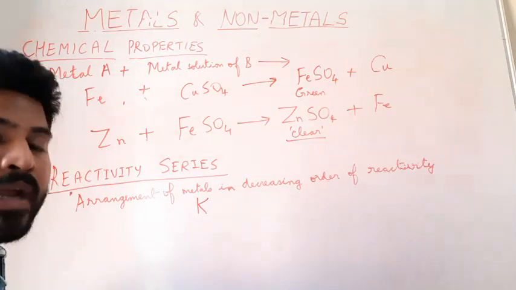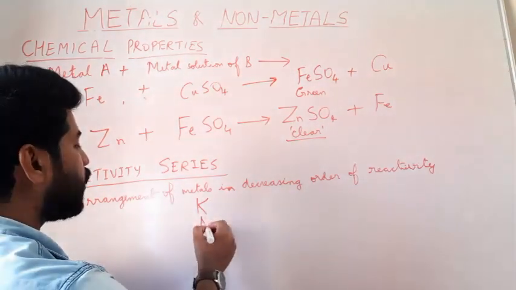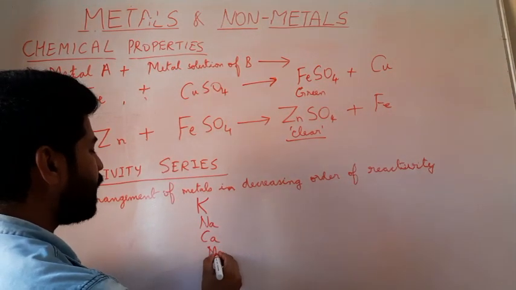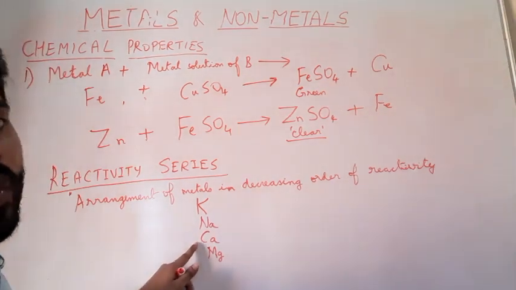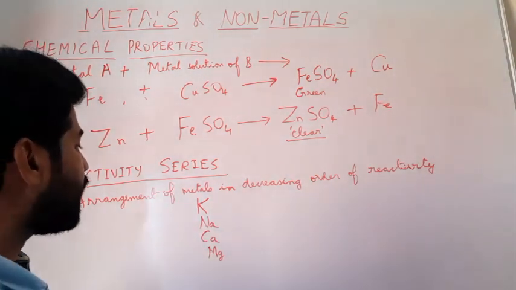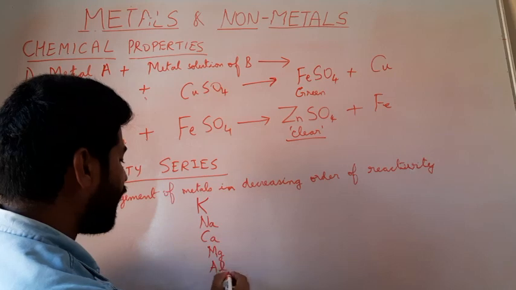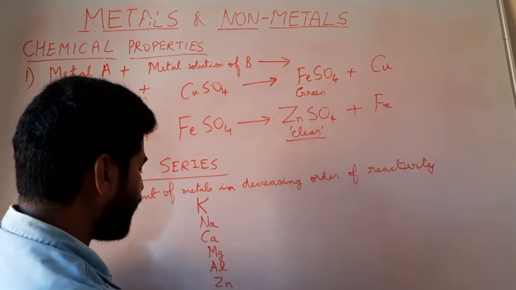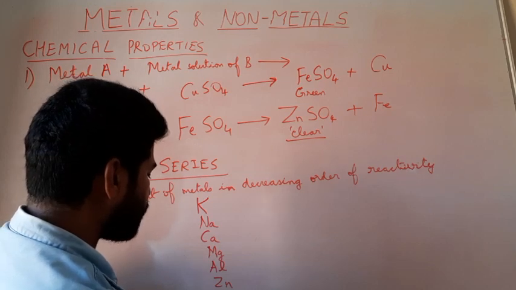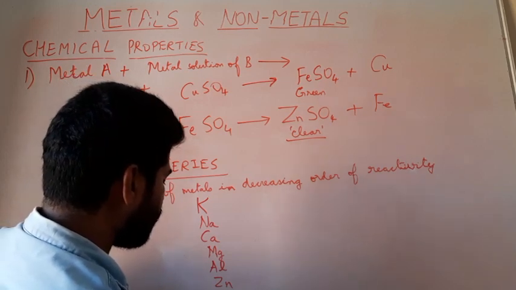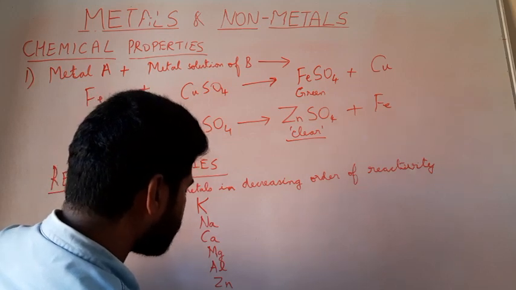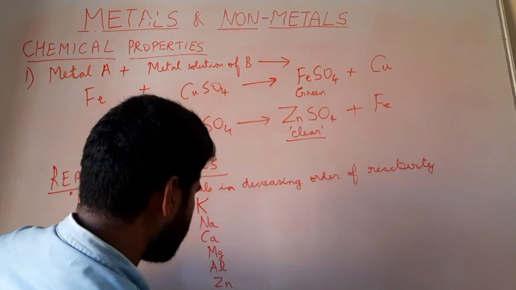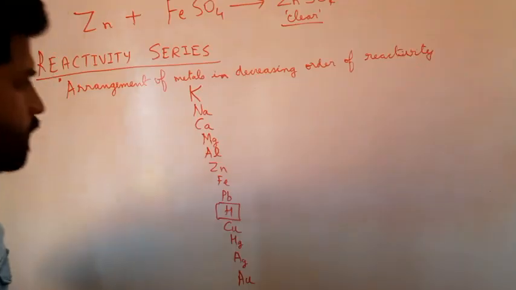potassium is the most reactive metal, followed by sodium, then by calcium, because calcium can react with cold water also, followed by magnesium, aluminium, zinc, iron, lead, hydrogen, then we have copper, mercury, silver and gold.